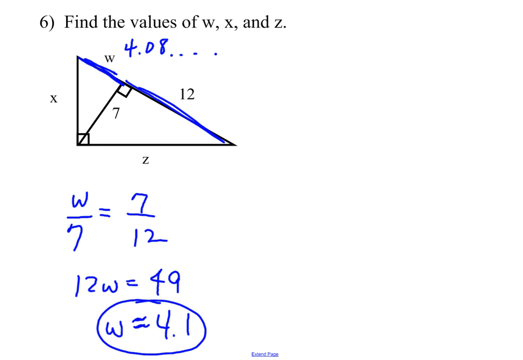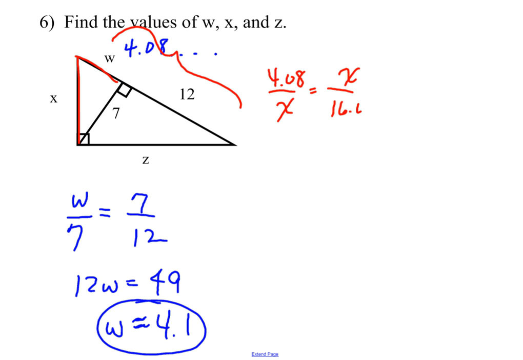For x, x is a geometric mean between w, which is 4.08, and the whole thing, 16.08. Okay, I would cross multiply, so I'm going to go x squared equals whatever this is, and then take the square root of that answer.